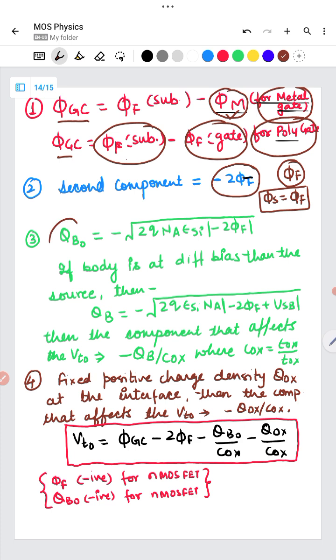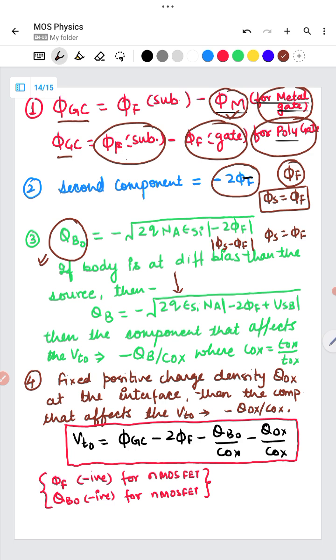What is the charge density in the depletion region? We already know that the charge density in the depletion region is given as minus square root of 2q Na epsilon Si times (phi S minus phi F). At inversion, phi S becomes minus phi F, so this becomes minus 2 phi F. Now one more phenomenon I want to introduce: when the body is not grounded, at some different potential, out of these four terms the third term is affected the most.